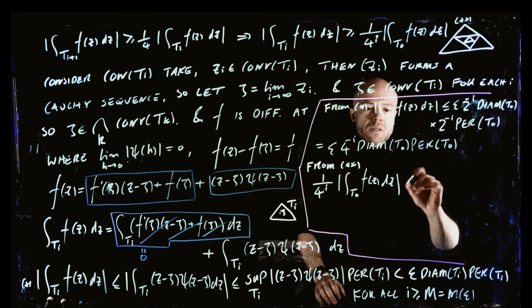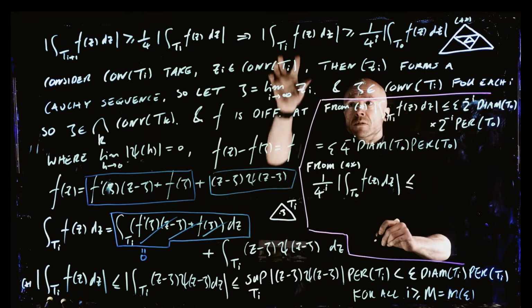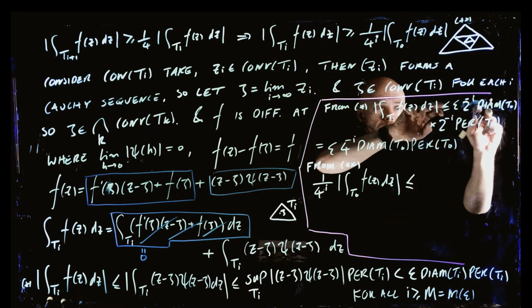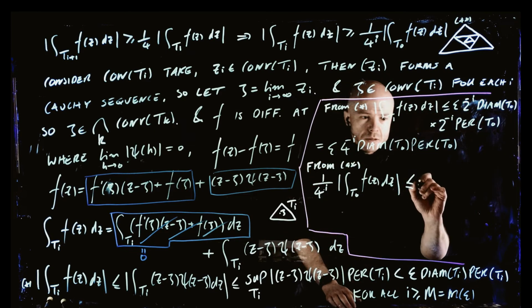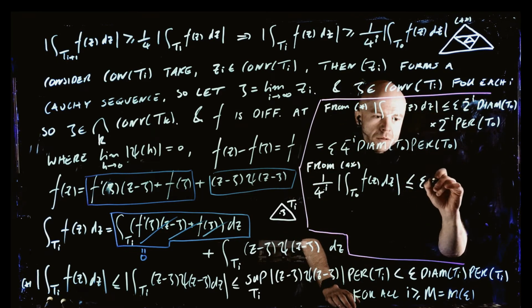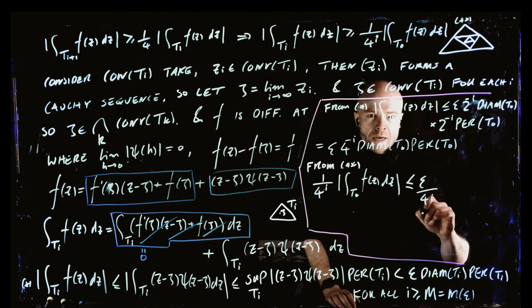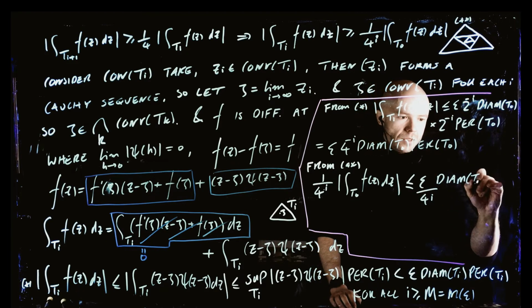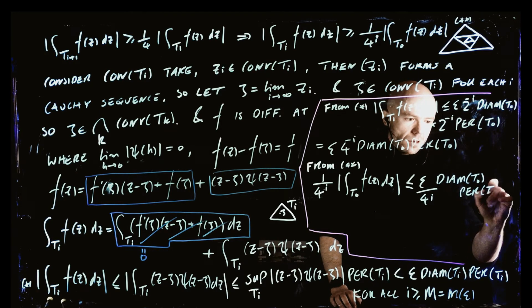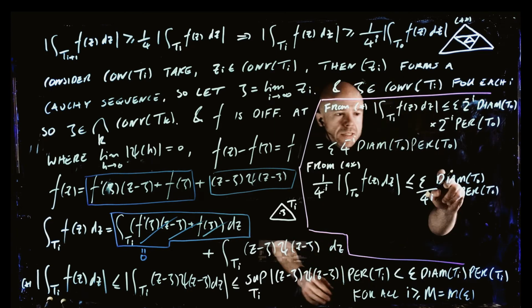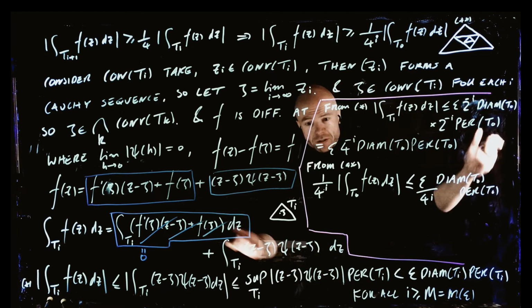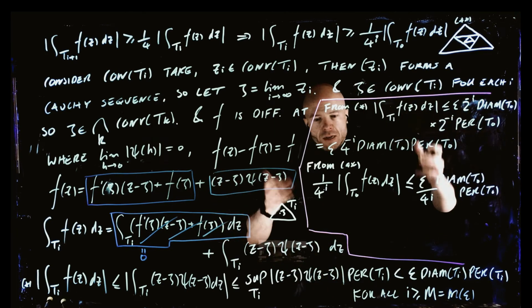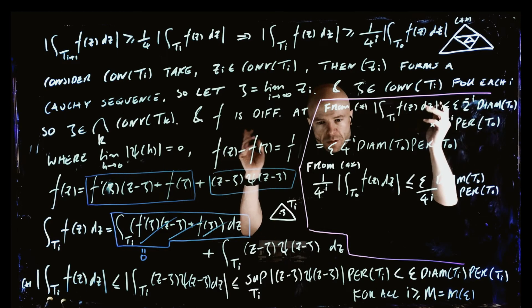This is equal to this, which we found is bounded above by epsilon over 4 to the i, times the diameter of T0 times the perimeter of T0. And these numbers, diameter T0 and perimeter T0, are just fixed numbers. We have some triangle, it has some diameter, it doesn't matter what it is, we don't care.